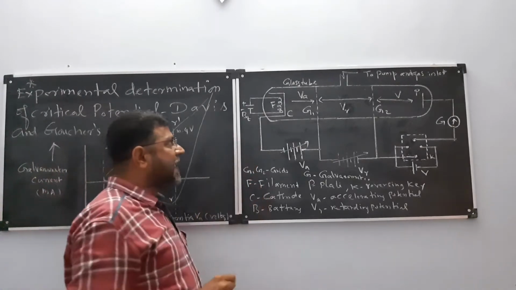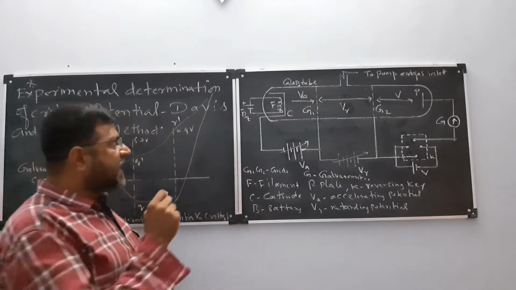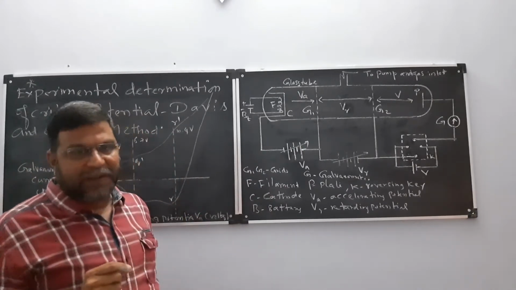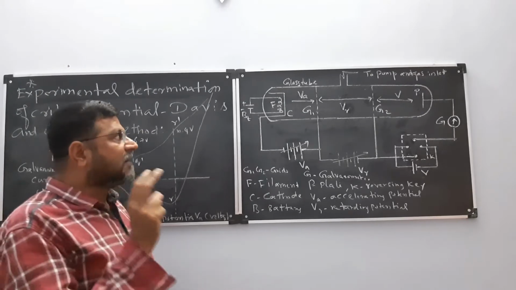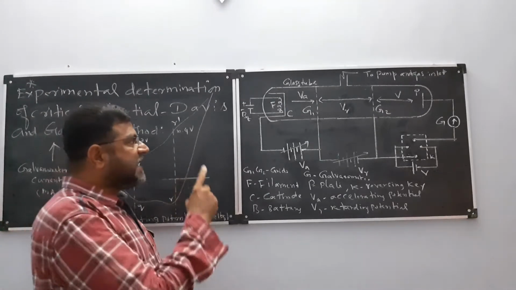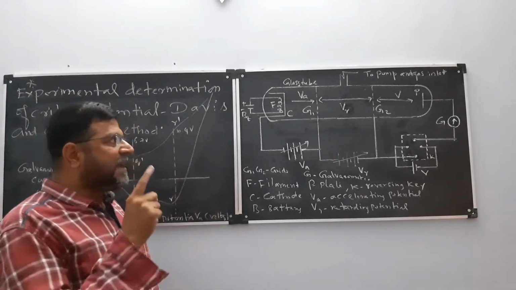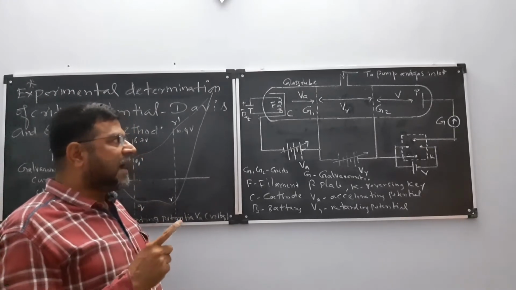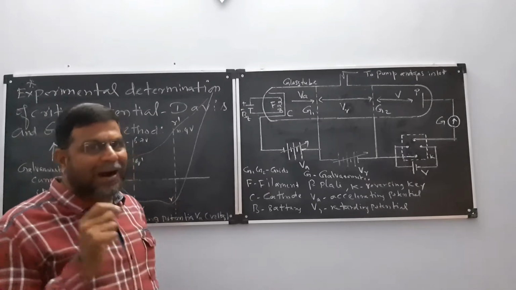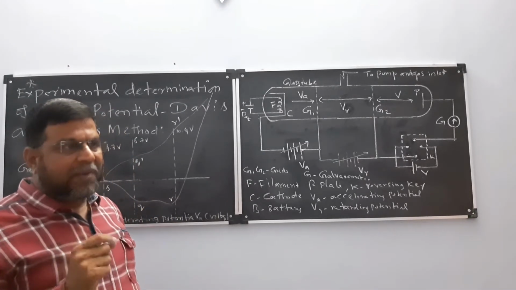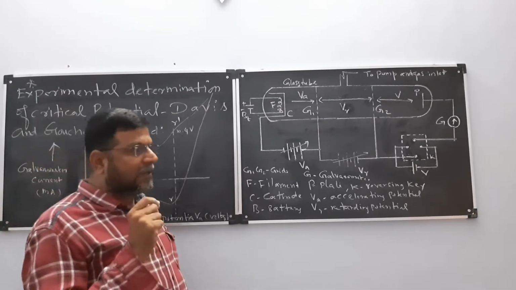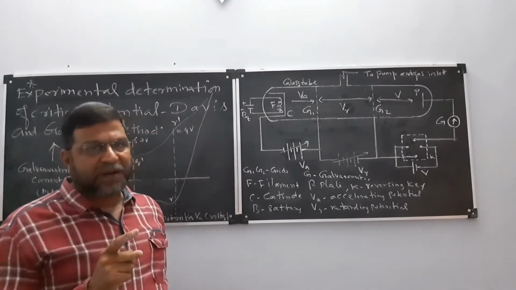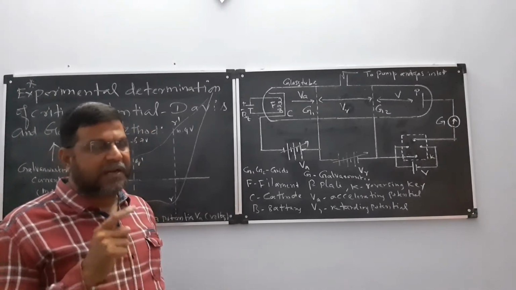F is a filament. That filament is heated by a low tension battery. That means when you heat the filament, electrons will be emitted. C is the cathode, P is the plate, that is the anode, and G1 and G2 are the grids. They will be maintained at a very high potential. In the last experiment also I told you that the grid is maintained at a very high potential.